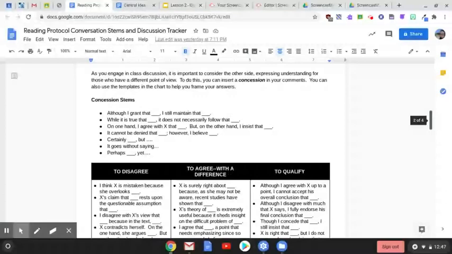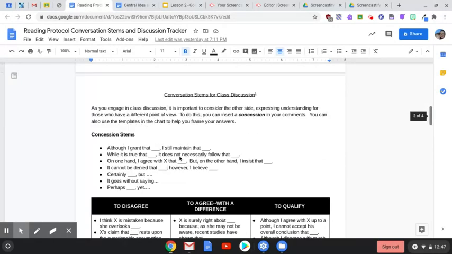And I always like the "while it is true that blank, it does not necessarily follow that blank." So I'm going to go ahead and put an asterisk, remember that's the shift plus the 8 key, next to that particular stem.